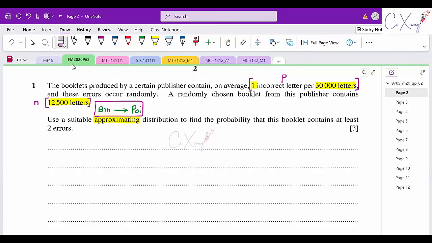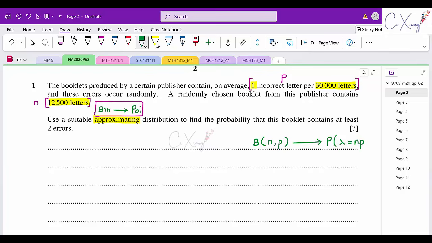Let us look at the detail. If I originally have a binomial with parameters n and p, and I want to change it to Poisson, the lambda has the same meaning as the mean.